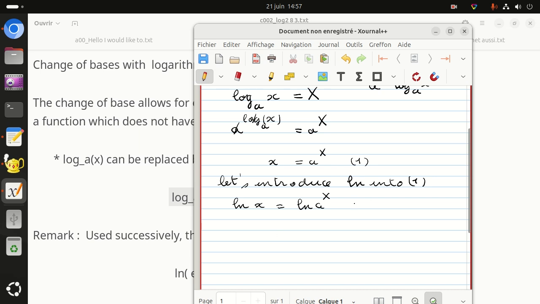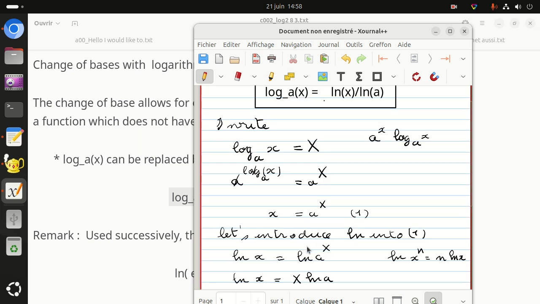You know that the property of the ln function is ln of x power n equal n ln of x. This is a rule for the ln function. So I can write ln of x equal x ln of a. Now I want to isolate x. So I have ln of x divided by ln of a equal x.